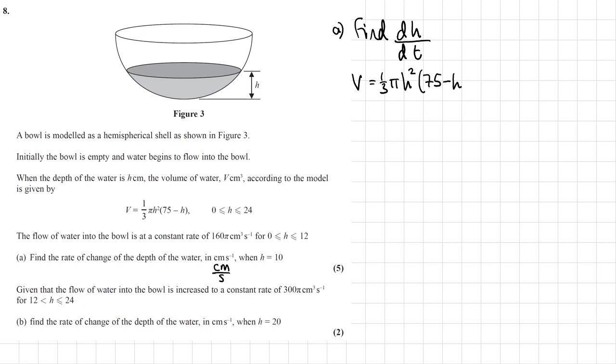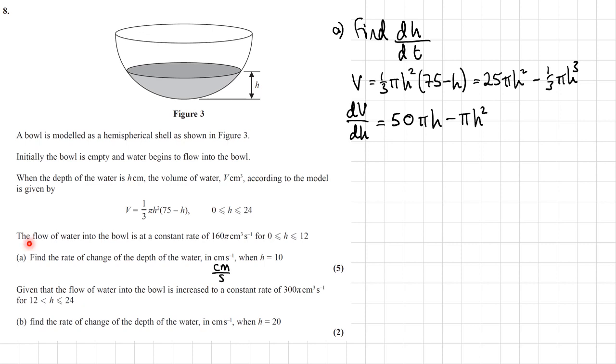Now I'll expand the brackets and get 75 over 3, so that's 25π h squared minus 1/3 π h cubed. I'm going to differentiate this with respect to h and find dV/dh. The 25π h squared becomes 50π h, and the 1/3 π h cubed becomes minus π h squared.